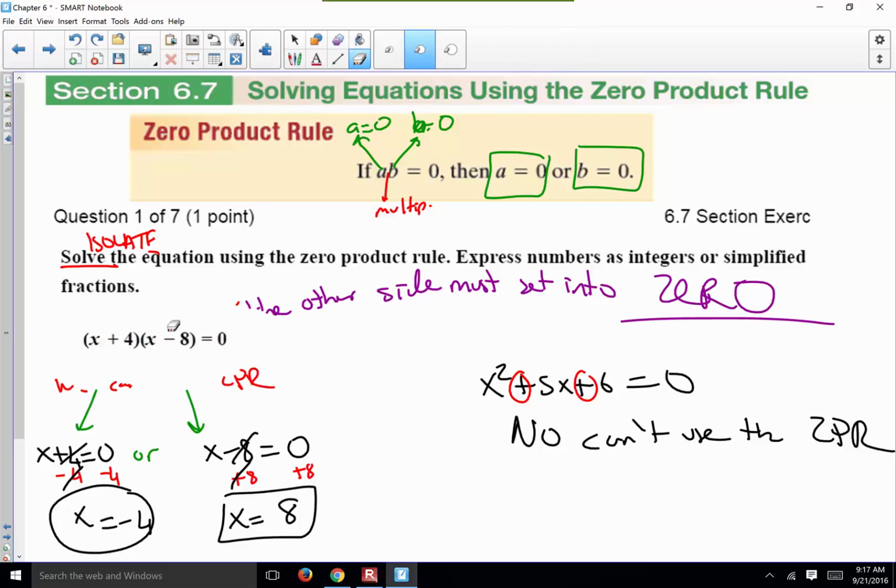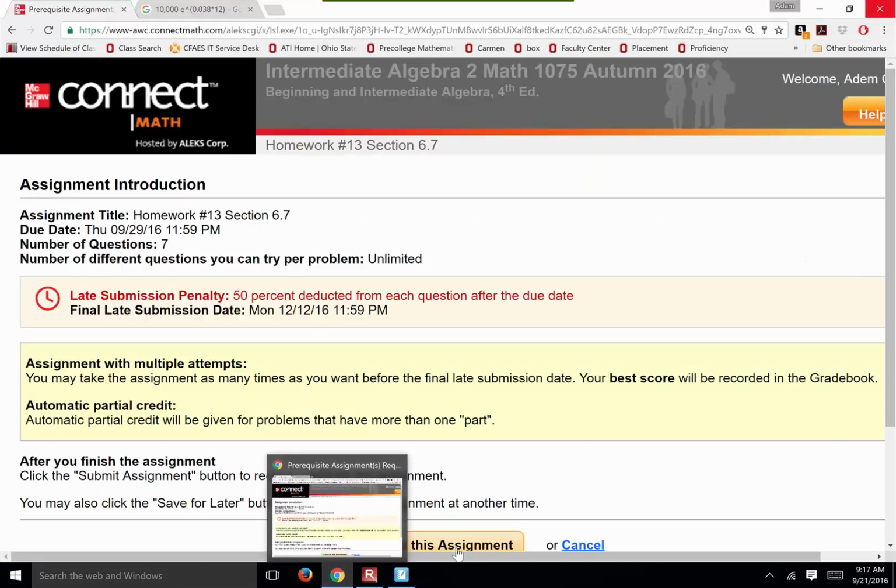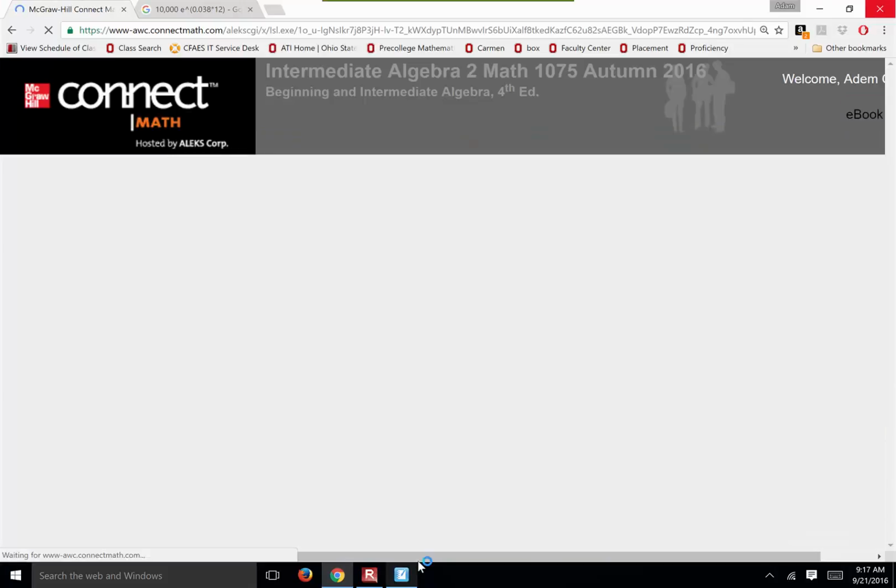These are optional, you don't have to. This is for testing your answer right or wrong. Plug in 8 here and 8 there. I'm testing the second one now. 8 plus 4 is 12, but 8 minus 8 is 0. What is 12 times 0? It's 0. So both solutions checked out, and I'm sure we got the right answer for question number 1.